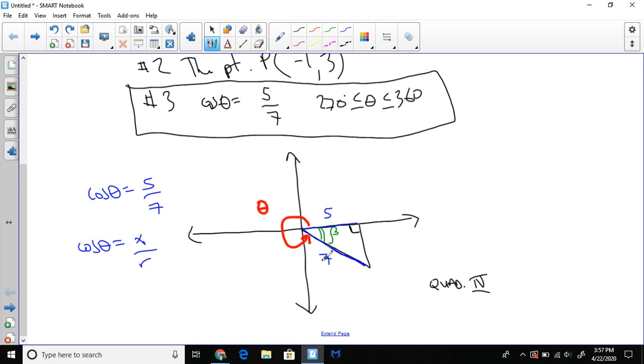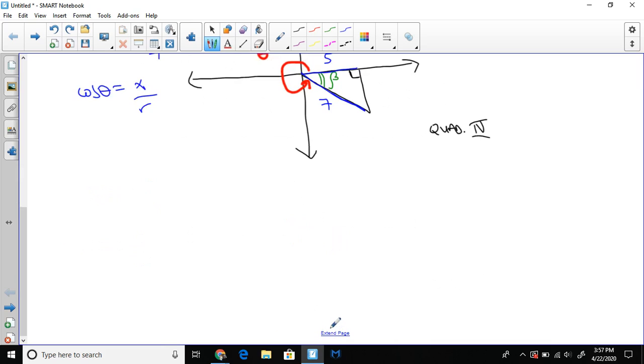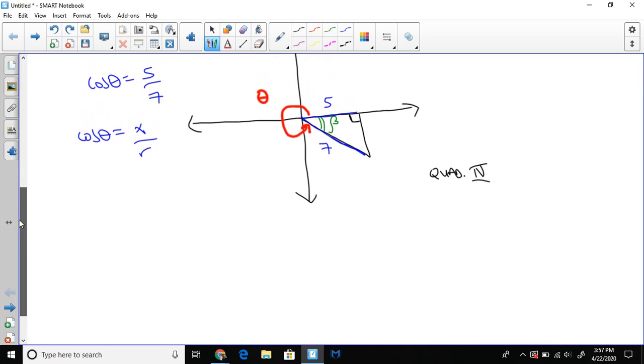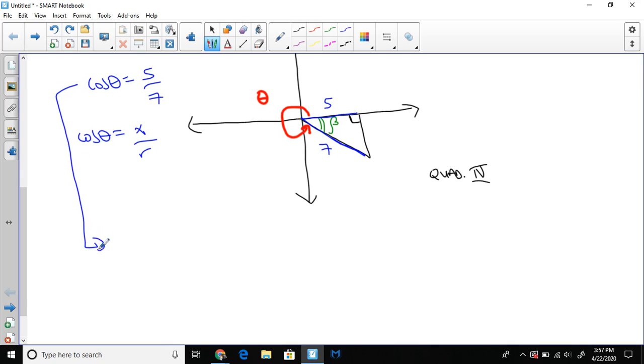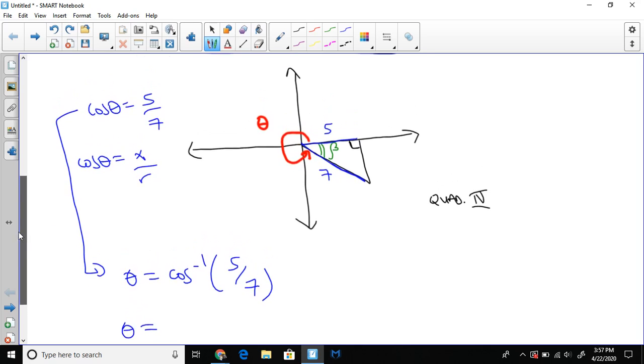So then now, all I've got to do is take this, solve for theta, and just make sure I recognize what quadrant I'm in. So again, where is cosine positive?